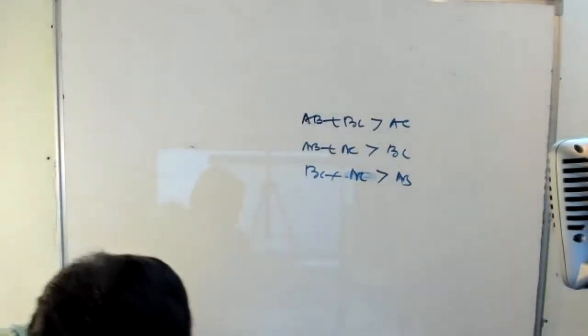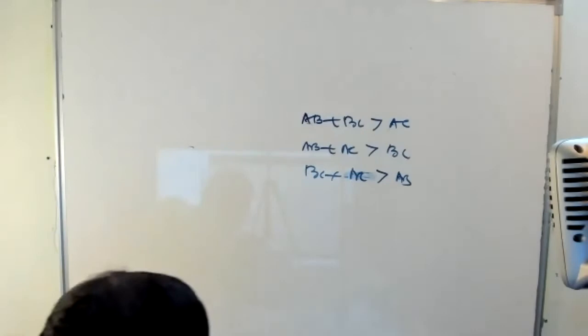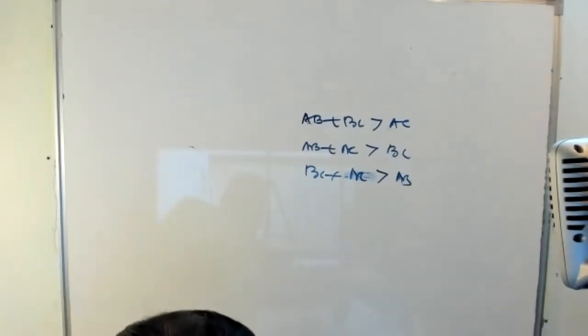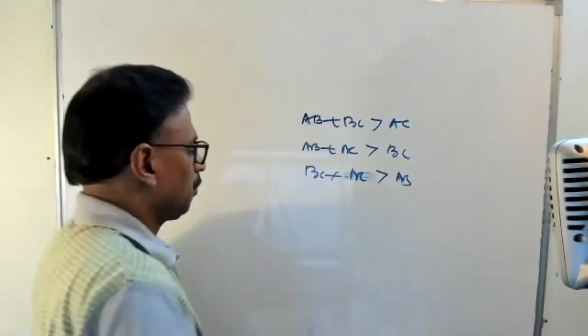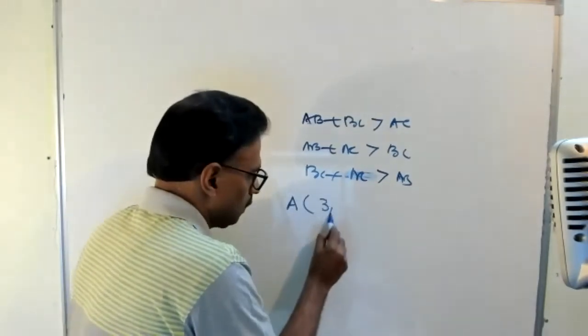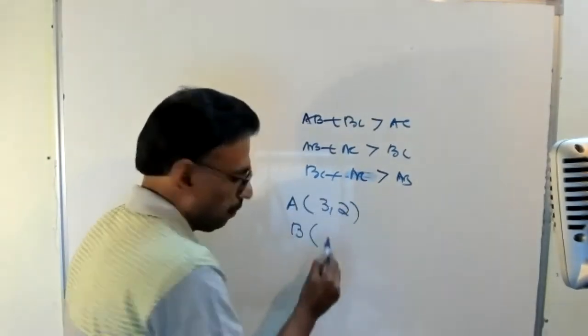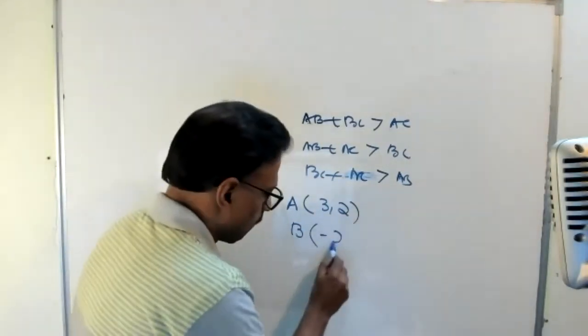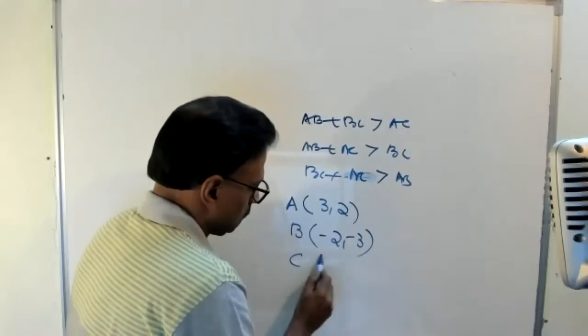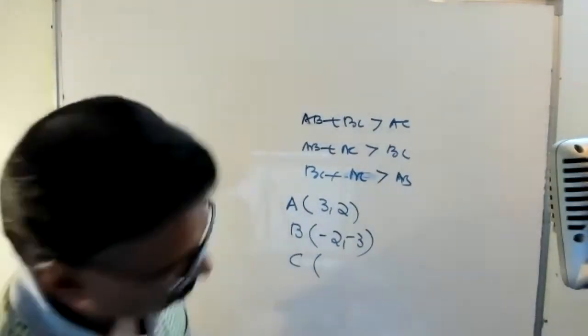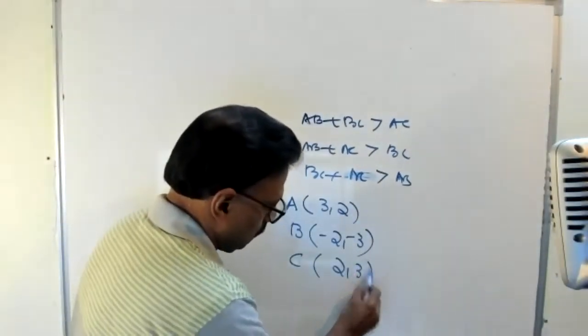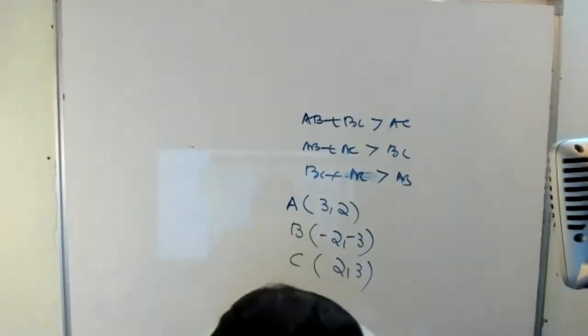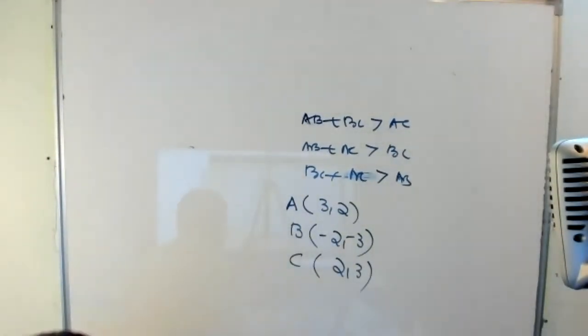Question: do the points A (3, 2), B (-2, -3), C (2, 3) form a triangle?